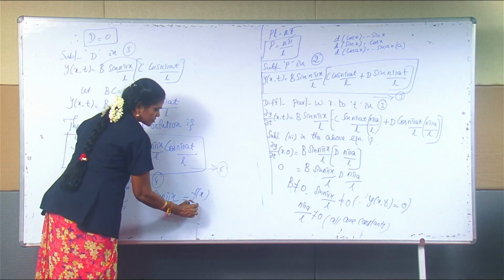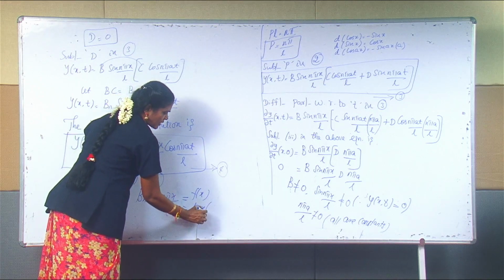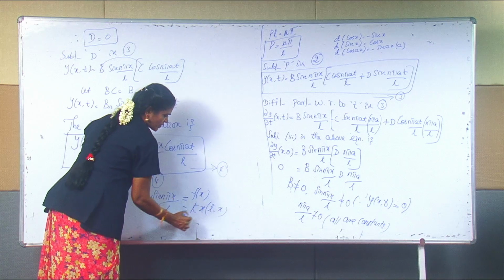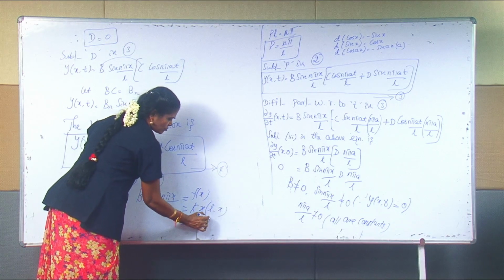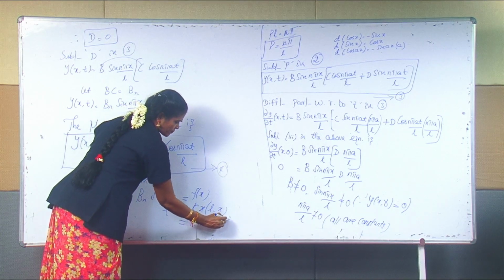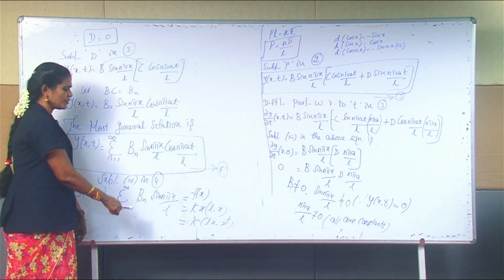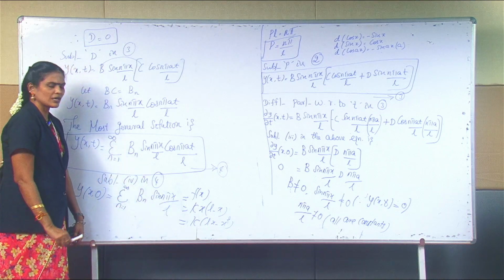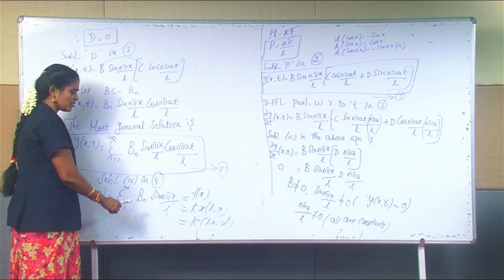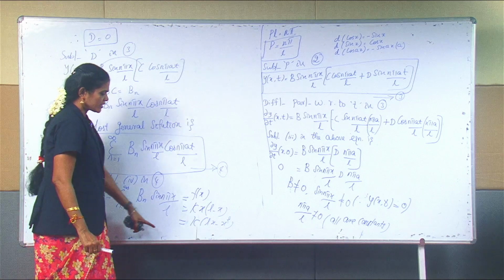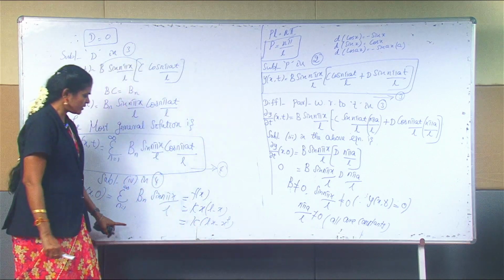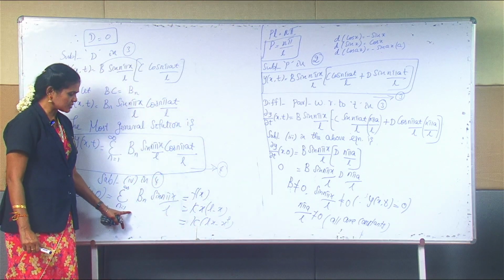Your f of x value we already have as k into x into L minus x, or we can consider it as k into Lx minus x square. So, summation n equal to 1 to infinity Bn sin n pi x by L equal to k into Lx minus x square, means you have to equate these two. On the left side we already have a half range sine series form.